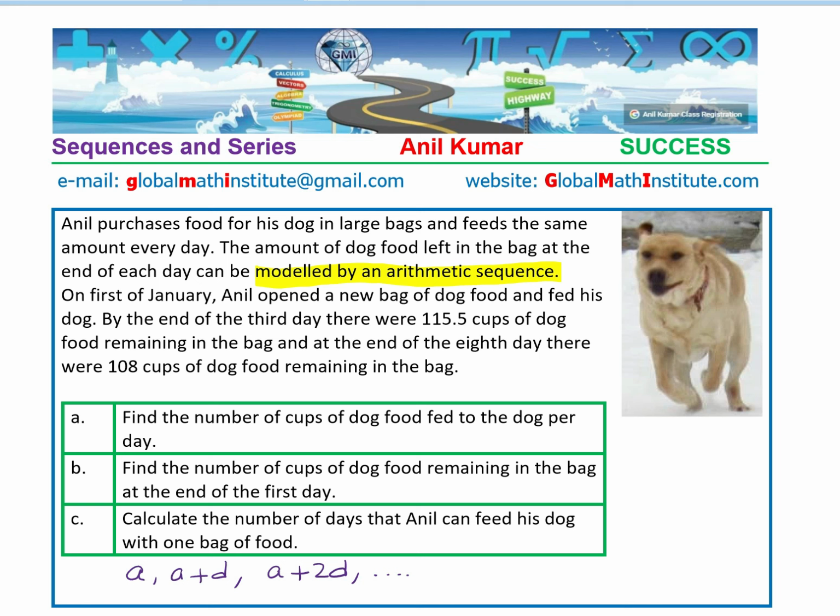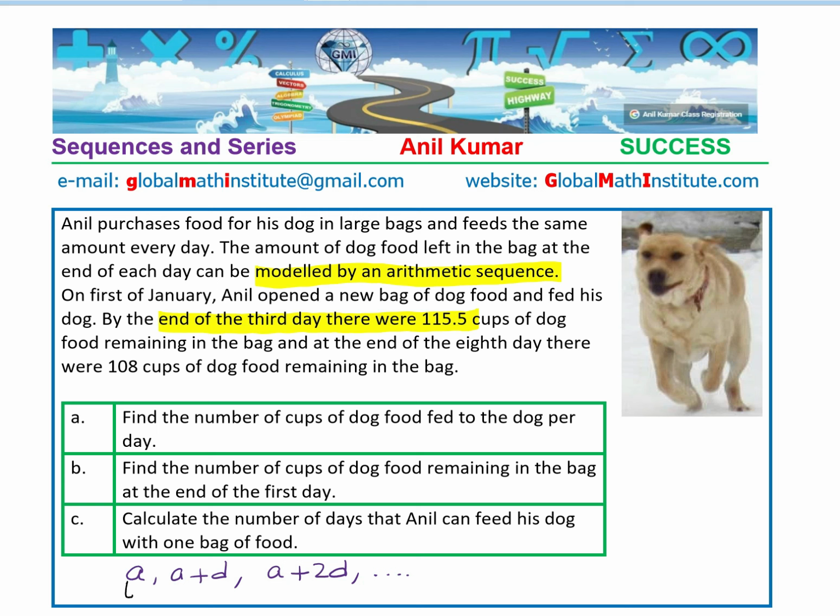On first day, Anil opened a new bag of dog food and fed his dog. By the end of the third day, there were 115.5 cups remaining. Now, these are also called terms.